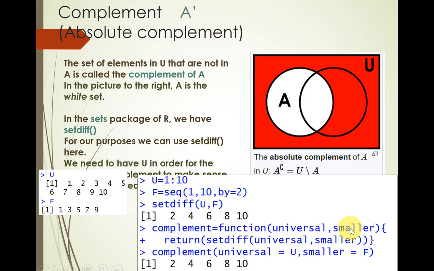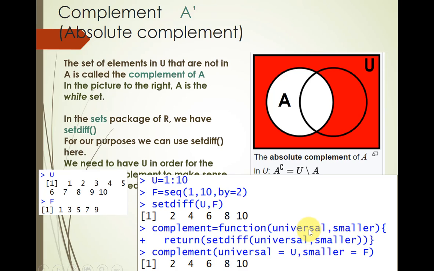Could have called it anything. So return, and then we just use this function. So in our case it's universal smaller, and we can just test it out with universal equals U and smaller equals F.